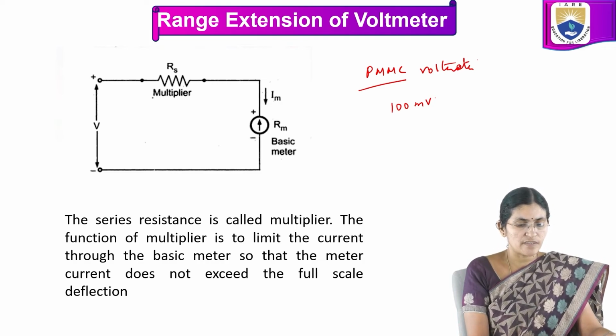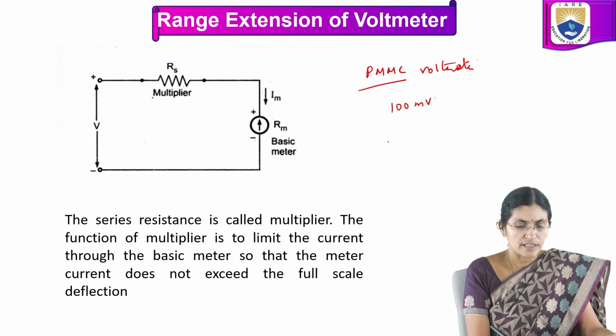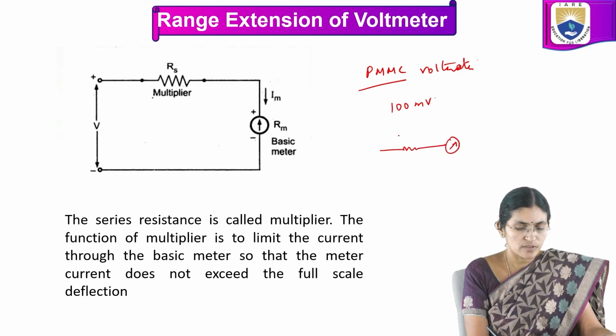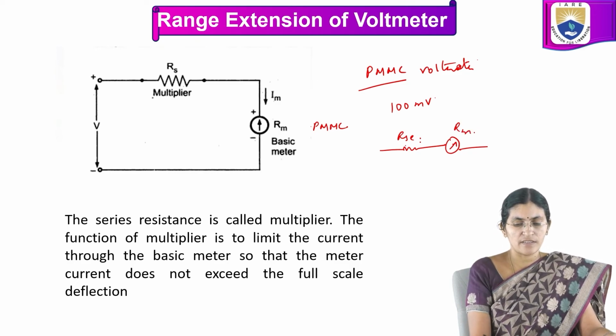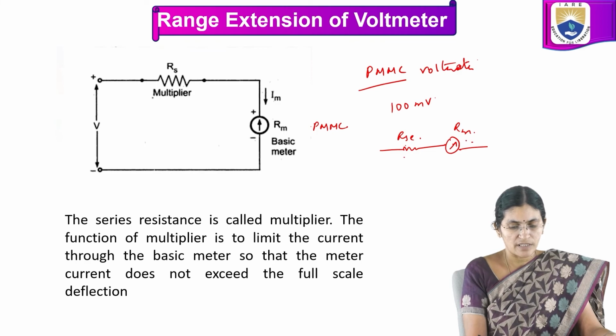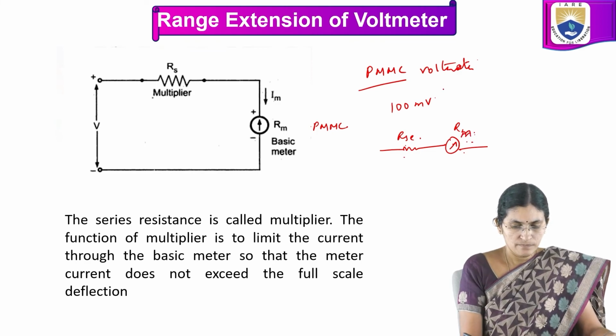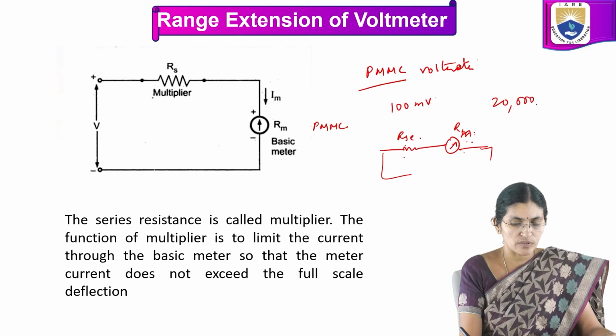We use a series resistance called a multiplier, RSC, connected in series with the PMMC instrument. This is the meter resistance Rm. We connect a series resistance called a multiplier in series with meter resistance Rm in order to extend its range, so with this arrangement we can measure up to 20,000 to 30,000 volts.